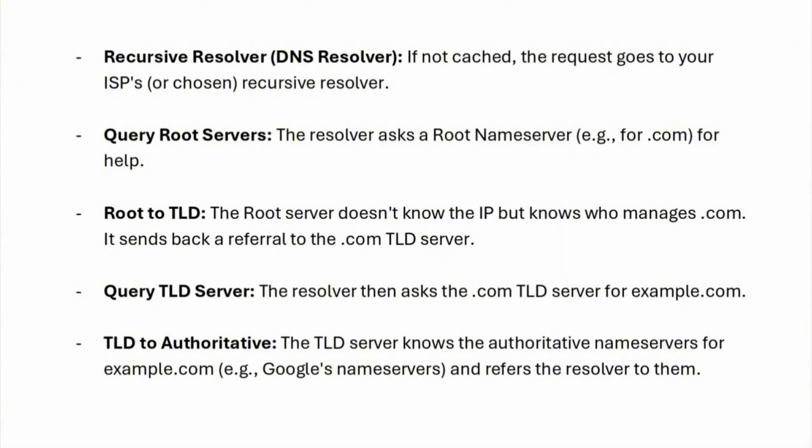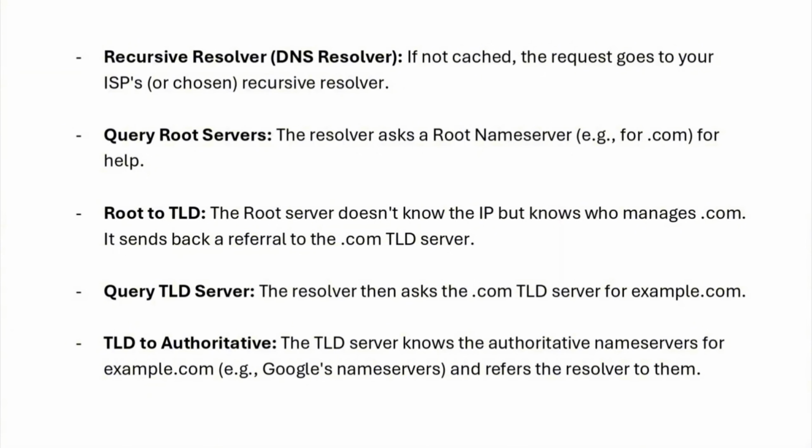Then the TLD server knows the authoritative name servers for example.com. For example, it is Google's name servers, and it refers the resolver to them. So the TLD to authoritative step means that the root and TLD servers don't have the exact information. The authoritative server is the actual place where your domain name service is located.